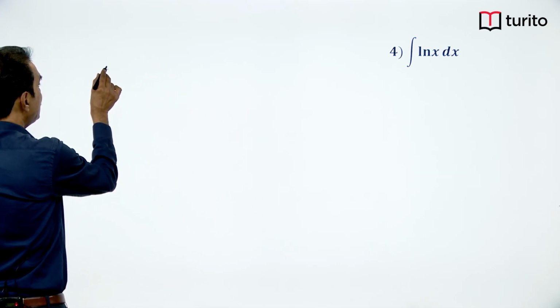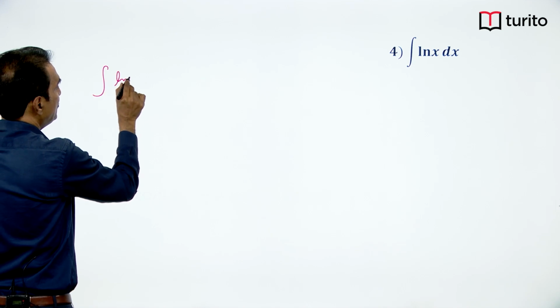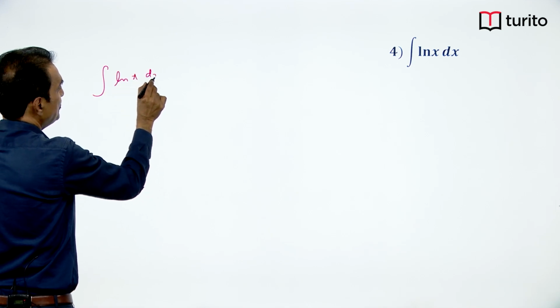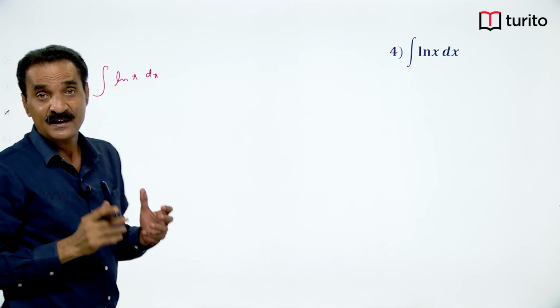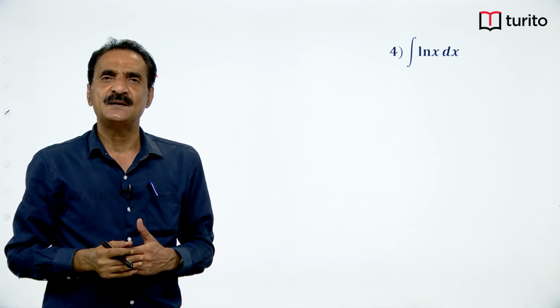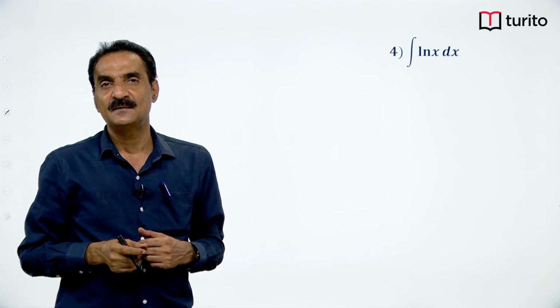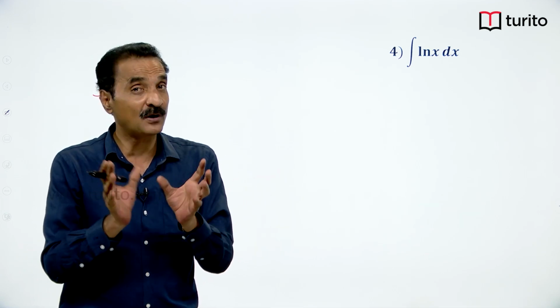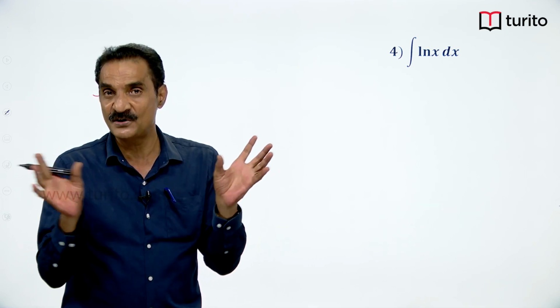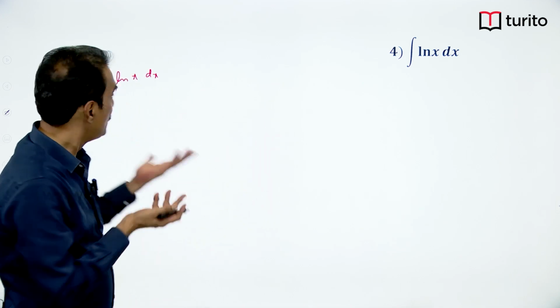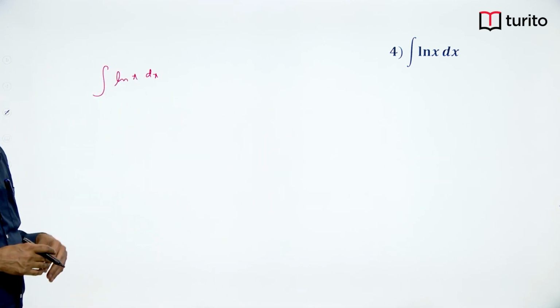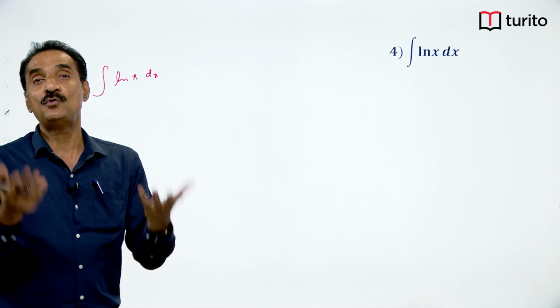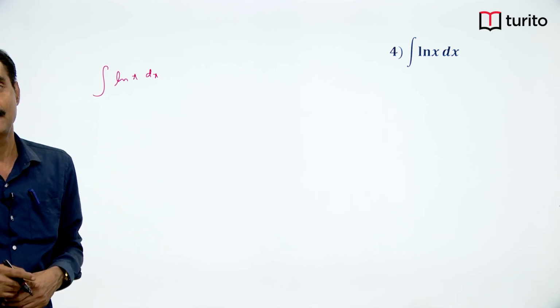So, I am going to calculate integral ln x dx by applying integration by parts. But you must be wondering, integration by parts can be applied only for integrating a product of two dissimilar functions, but it is not a product at all. There is only one function. How can you integrate by parts?